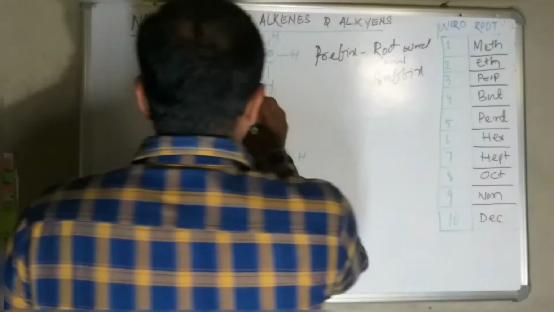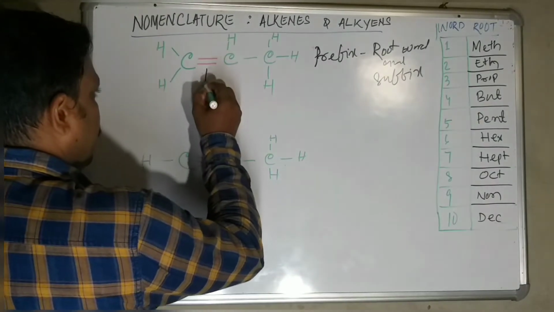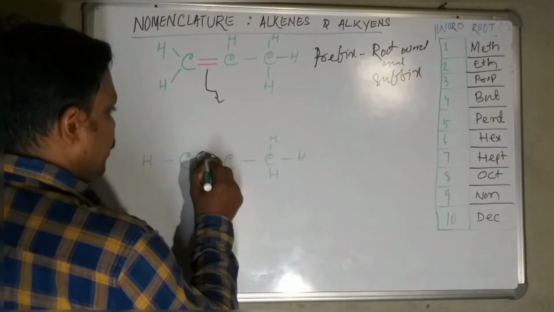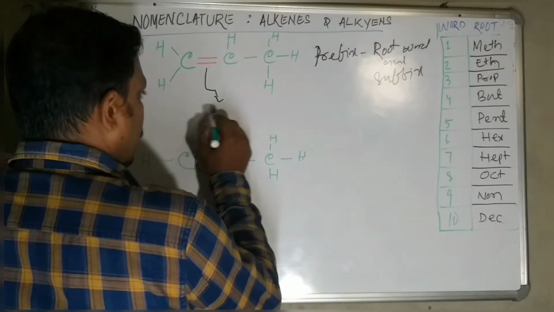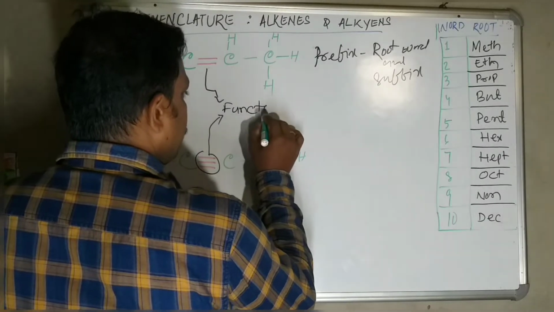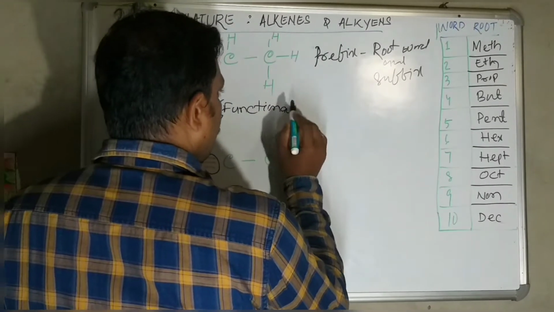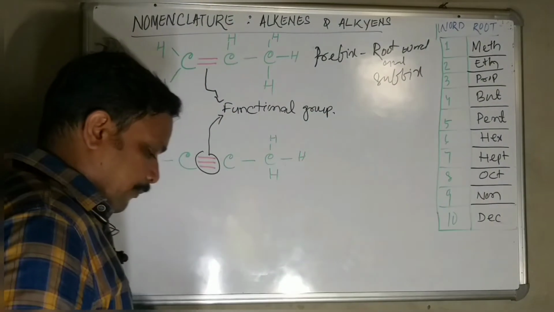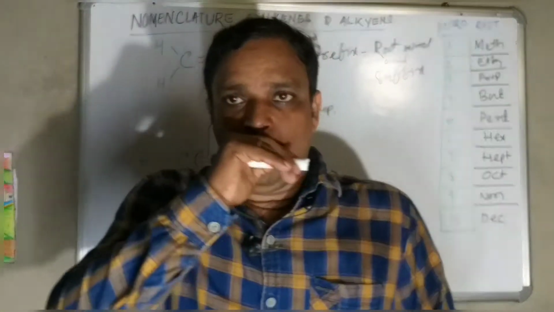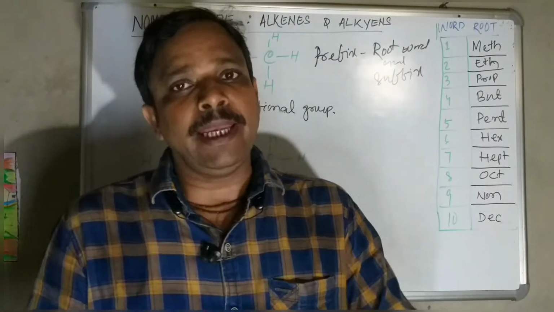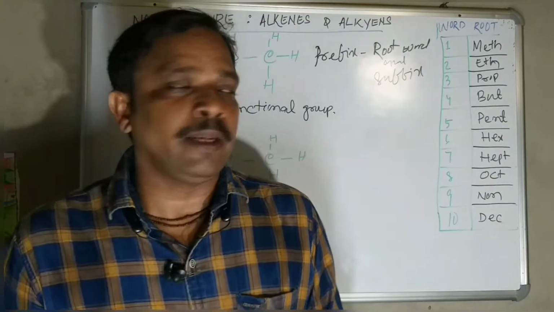So here in this carbon chain, the double bond is here, and in this carbon chain, the triple bond is here. Both are known as functional groups. The procedure should be the same as the nomenclature of alkane.